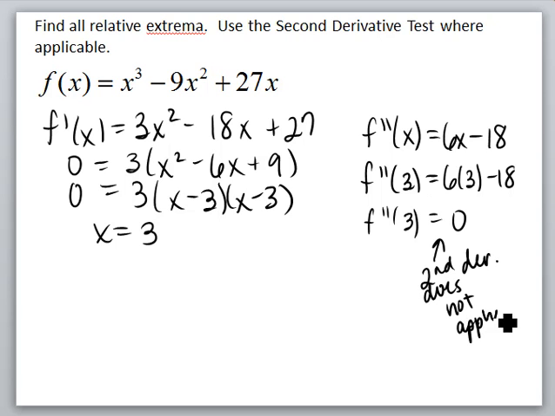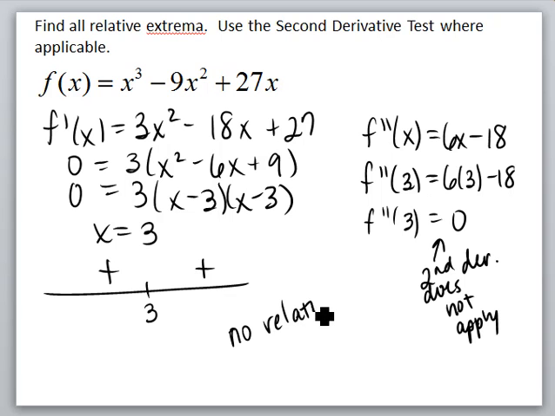If I would have, I could have just been done. But I need to use my first derivative test, which says I'm going to plug in 2 for this derivative here, and I'll find out that I end up getting positive on both sides when I test those. So what this means is that it's increasing everywhere, and it has no relative extrema. Please ask me to do another type of this in class.